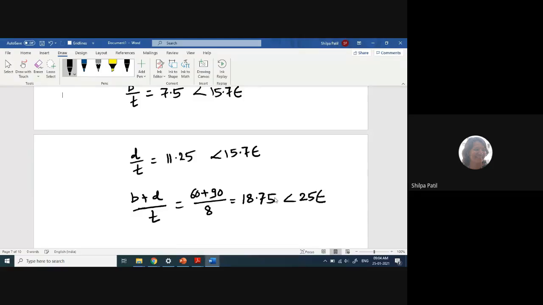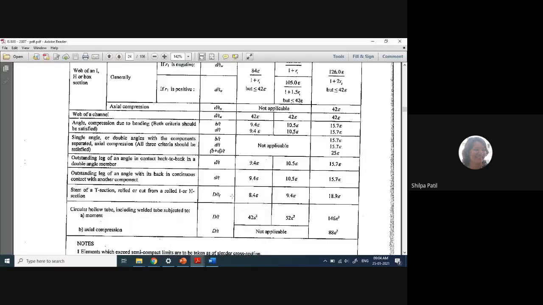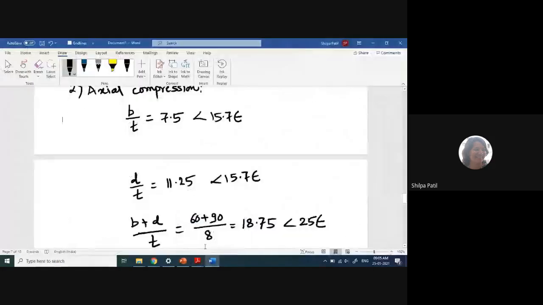So in all these cases, the first is less than 15.7, so not plastic but semi-compact. The second is also less than 15.7 epsilon, so it is also semi-compact. And the third is also less than 25 epsilon, so it is also semi-compact.